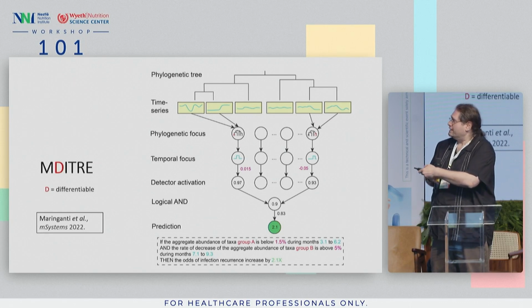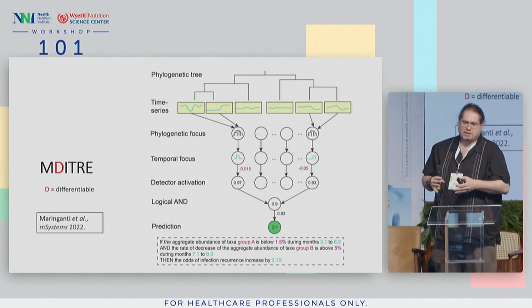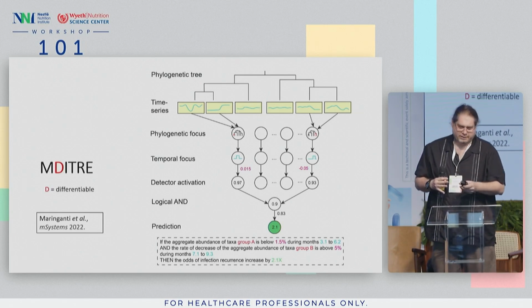So we invented a lot of new mathematics to do this, but you can view each part of what that previous model did as a layer in this neural network. There's one that looks at the phylogeny, there's one that selects the time interval, et cetera. And once it learns this model, you can still read off that same rule. And this model runs about 1,000 times faster, but has the same accuracy as the other model.